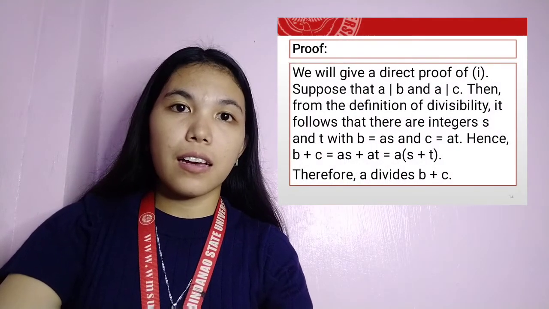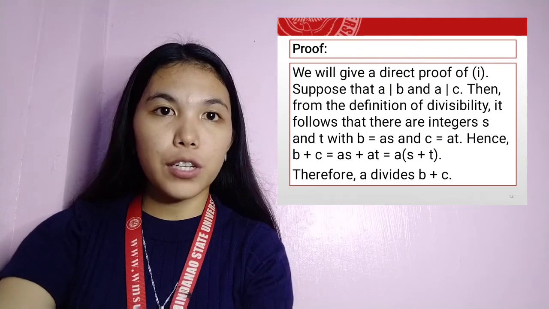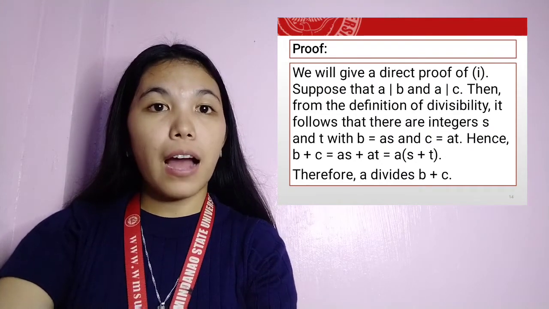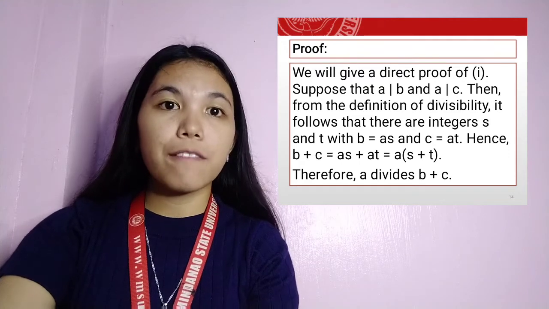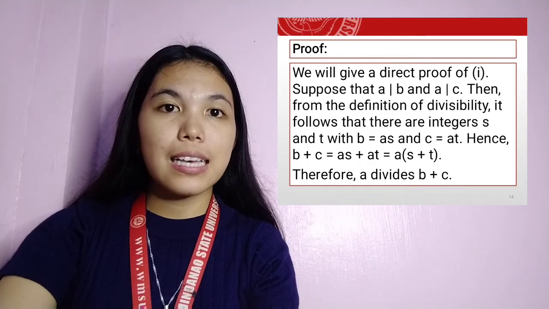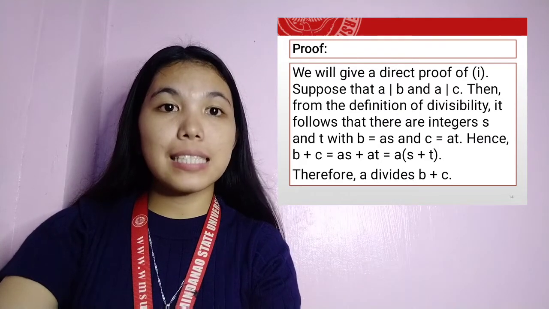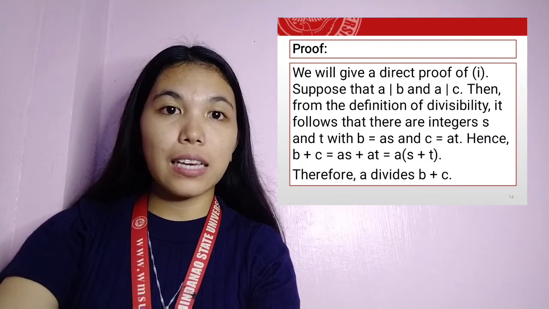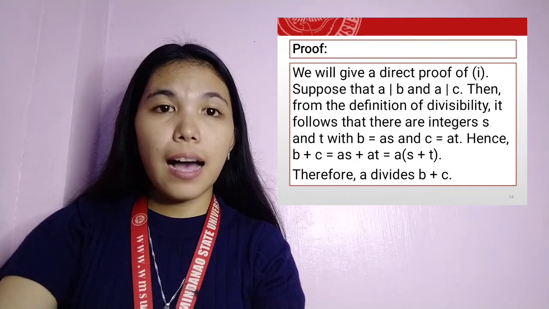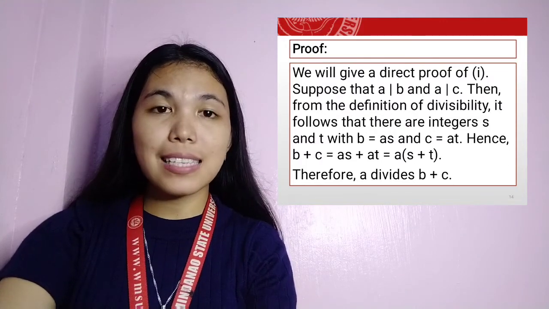We will give a direct proof of part 1 of theorem 1. Suppose that a divides b and a divides c. Then from the definition of divisibility, there are integers s and t with b equals as and c equals at. Hence, b plus c equals as plus at, which equals a times the sum of s and t. Therefore, a divides b plus c.